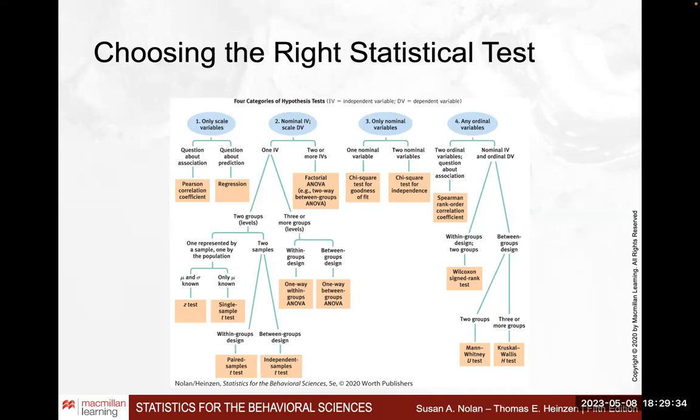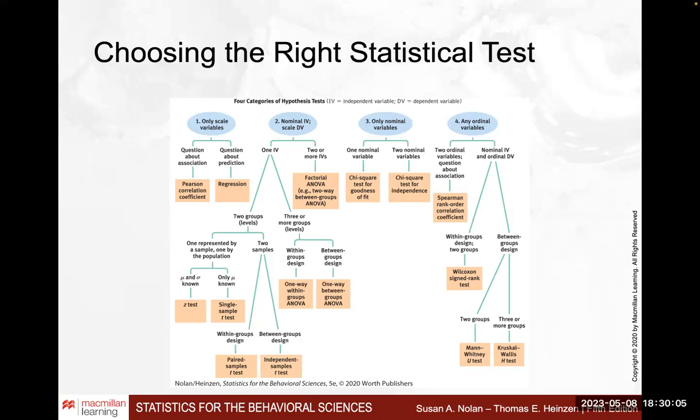Okay, if you have only nominal variables, and this is the example that we did in chapter 17, we have one nominal variable, that's the soccer players in Germany: born early in the year and born late in the year. So the nominal variable with two levels is basically season of the year, and you compare the percentages, or the counts, in these two levels.